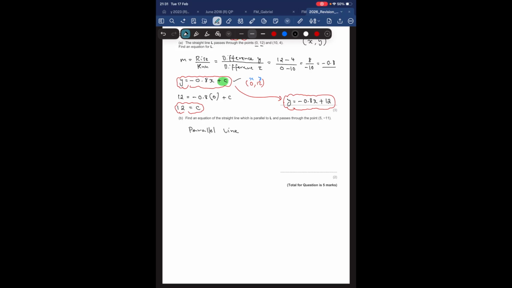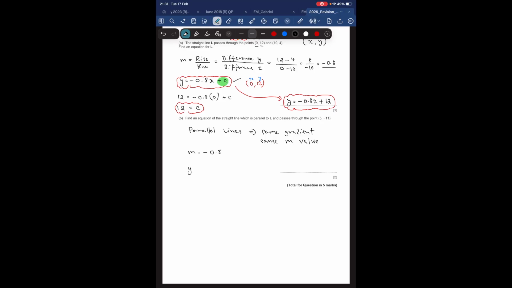So any pair of parallel lines will have the same gradient, which basically means they're going to have the same m value. Because we know the gradient of the line, as we've calculated it before, is minus 0.8, the gradient of the new line is going to be the same. It's going to be minus 0.8.